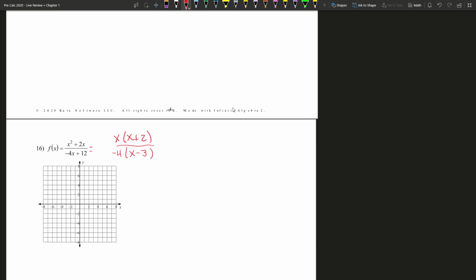And we do the same thing. We find the vertical asymptote first. In order to do that, we set our denominator equal to 0. So the only thing that can make this entire thing 0 is x is equal to 3.